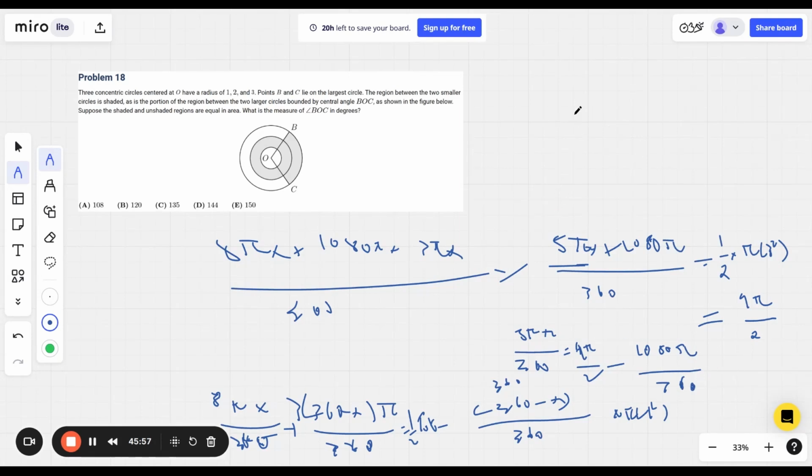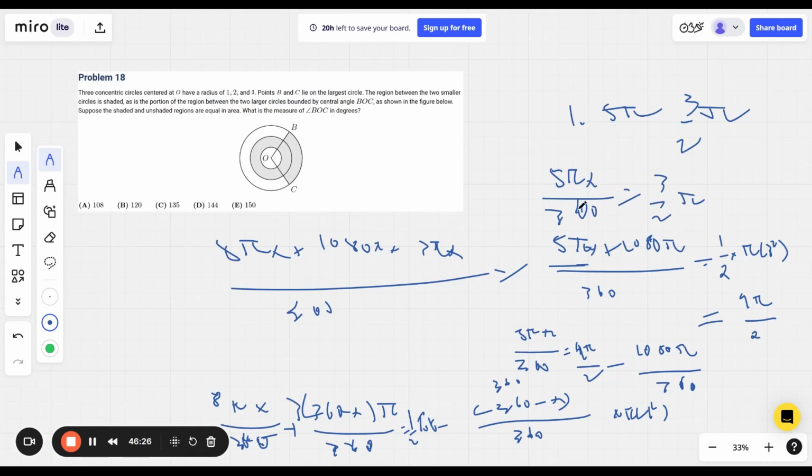So 4.5 pi minus 3 pi equals 1.5 pi, or 3 over 2 pi. And then we have 5 pi x over 360 equals 3 over 2 pi.